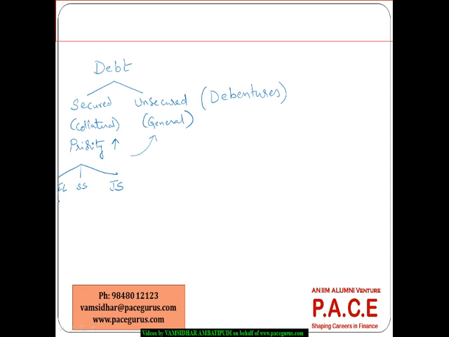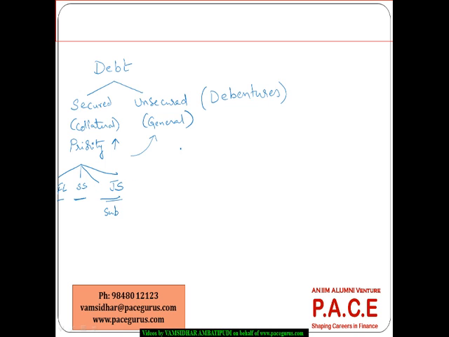Internally, the priorities could change. The first lien is the one who gets the first priority in case of liquidation. Then the senior secured category, probably there could be some intermediate between senior and junior, and finally we get the junior secured or subordinated.